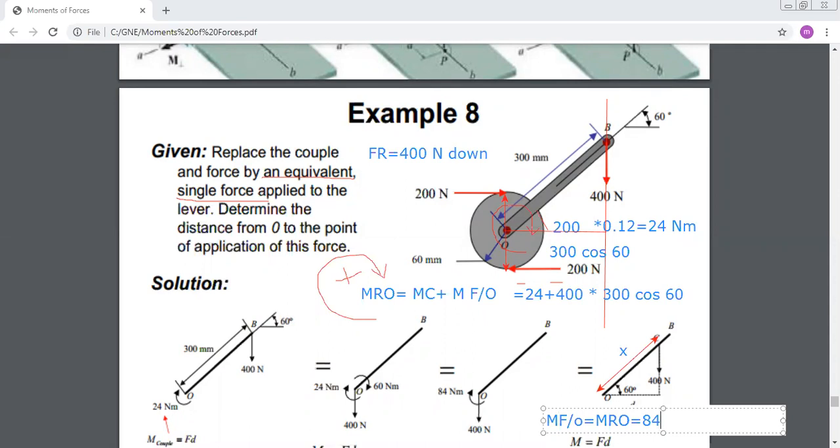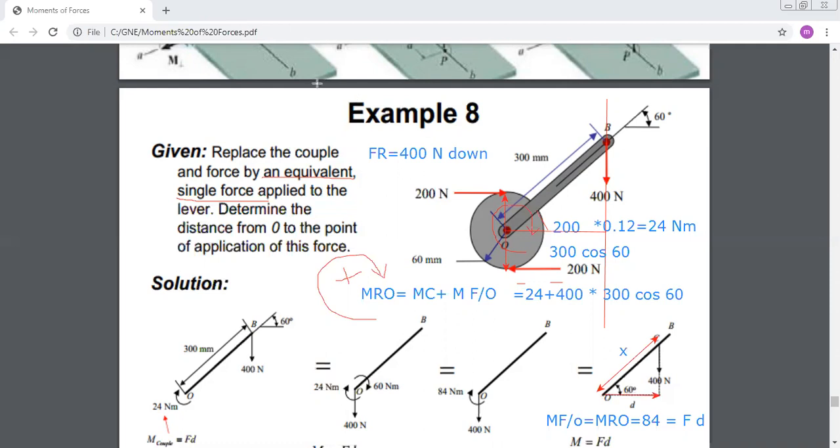Okay, so now I can say that it's equal to the force F times the projected distance D. Now, if I look at my figure, this is D. Okay, D is the projection distance from O to the line of action of F. It can be calculated from x cosine 60.